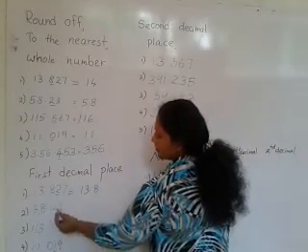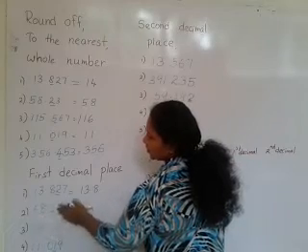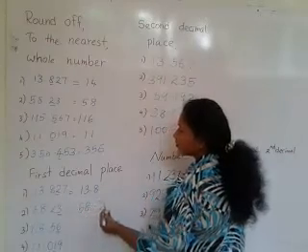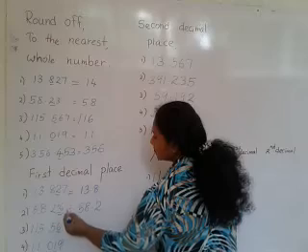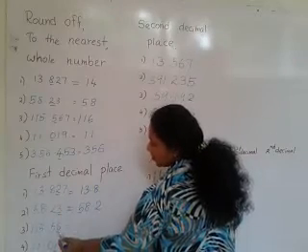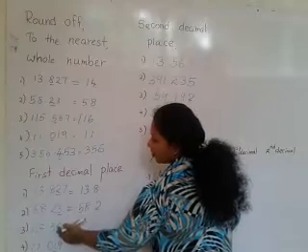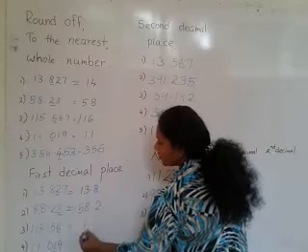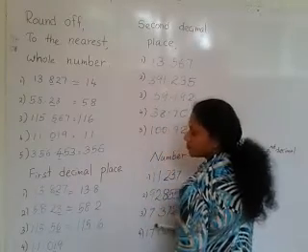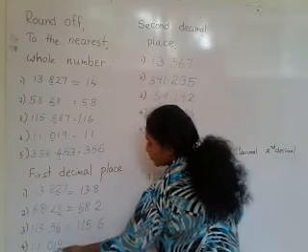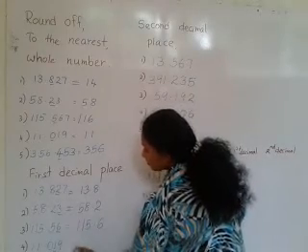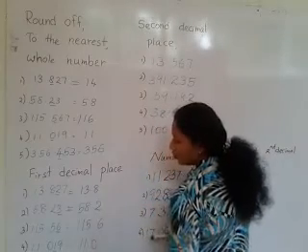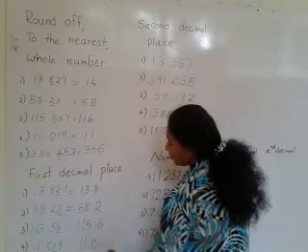Next, it is less than, so no need to change. The previous number is 58.2. The other one, 6, is more than 5, so change the number: 115.6. And here 1, no change, so it becomes 11.0, or we can say 11.